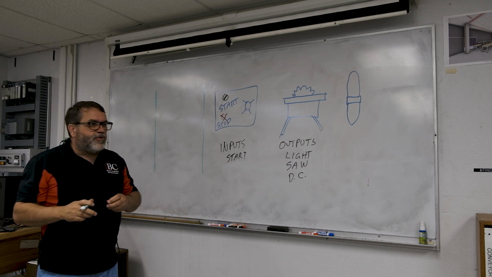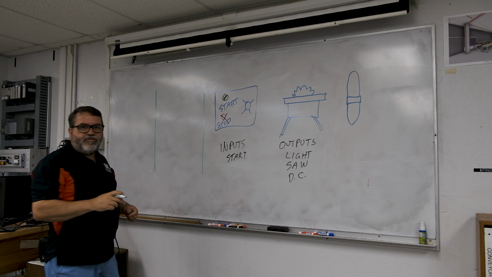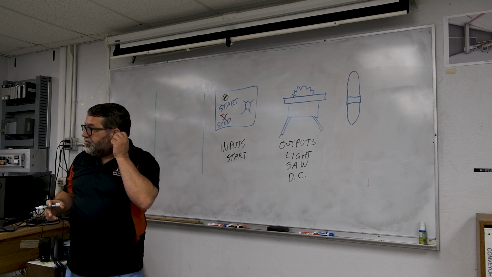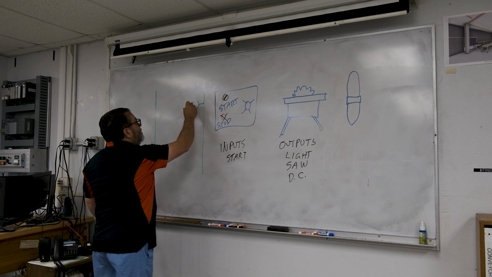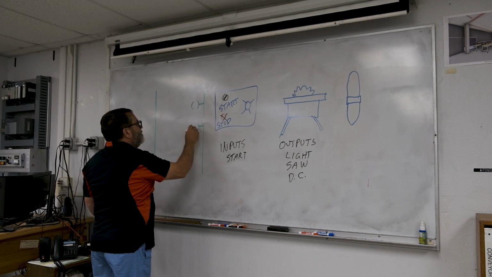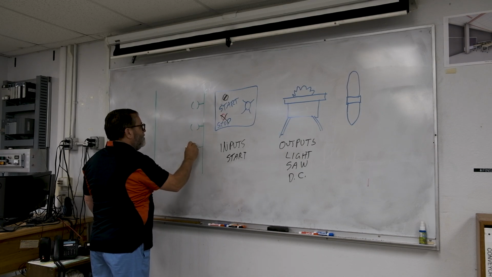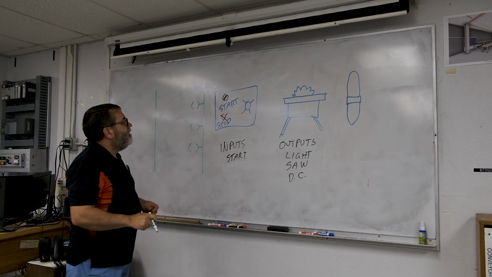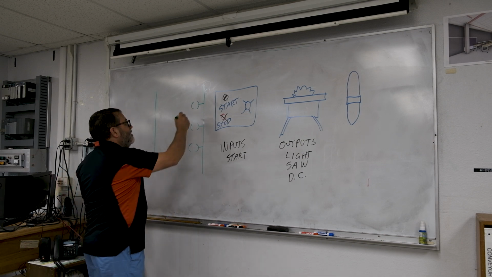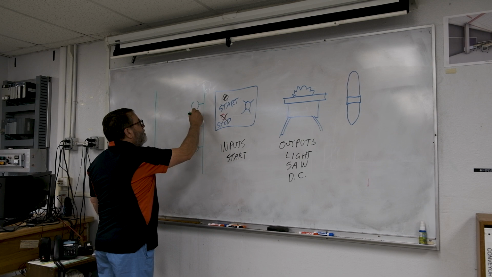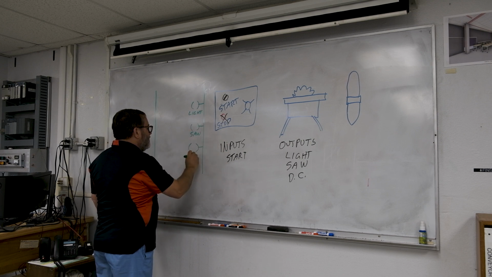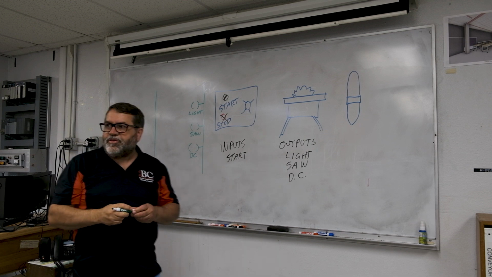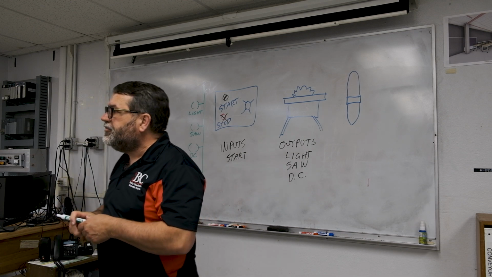I have one input and three outputs. So the first thing I'm going to do is I'm going to draw my outputs. So I've got an output for my light, for my saw, and for my dust collector. Those are the three things that I want to turn on and off.